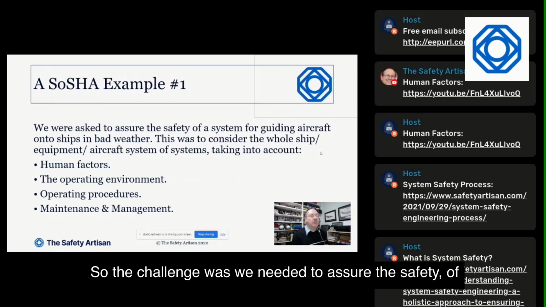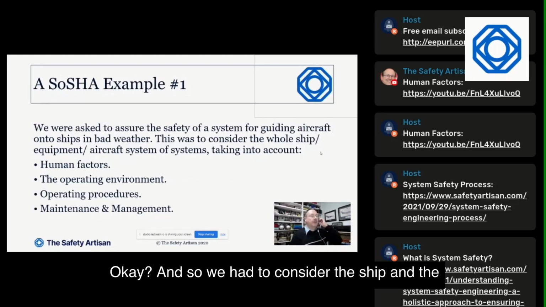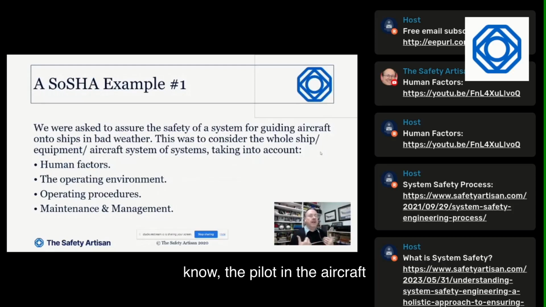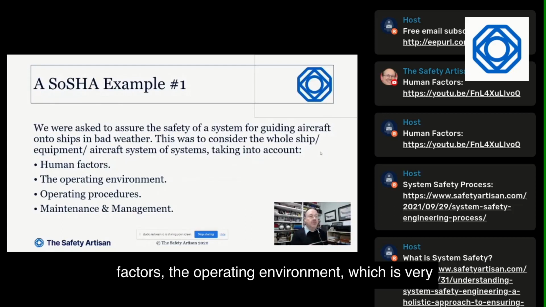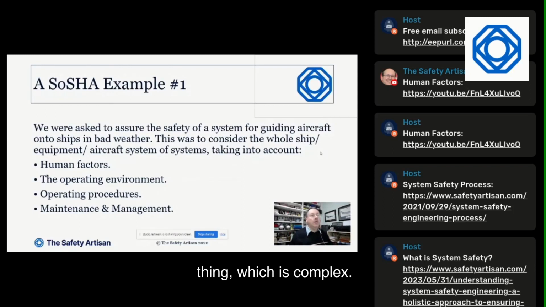The challenge was to assure the safety of a system for guiding aircraft onto aircraft carriers in bad weather. We had to consider the ship and the special guidance equipment, the aircraft with the pilot, and the human operators of the sensors. And we had to take into account human factors, the operating environment, which is very significant at sea, and the operating procedures and maintenance and management of the whole thing, which is complex.